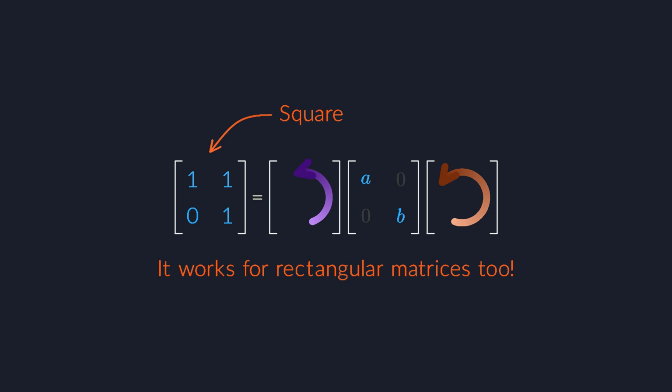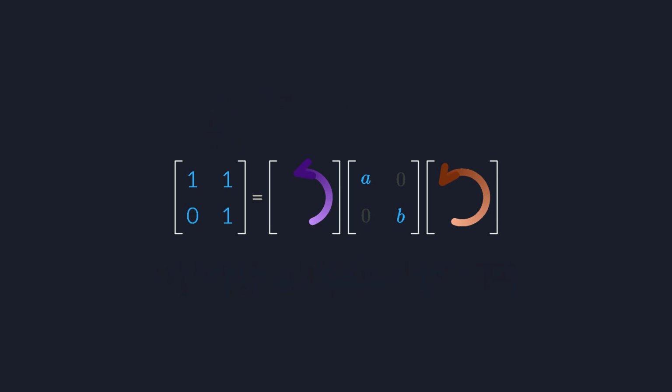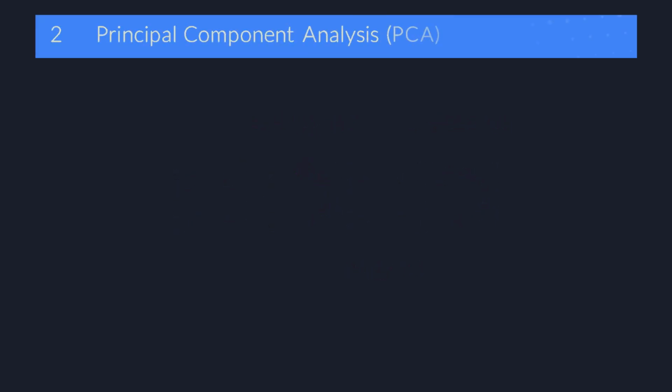It's pretty amazing that our decomposition can take any matrix, no matter how weird, no matter how rectangular, and pull it apart into a product of an orthogonal matrix, a diagonal one, and another orthogonal one. We will figure out how to find these factors later in the video. First, let's see what kinds of useful things we can do with our decomposition.